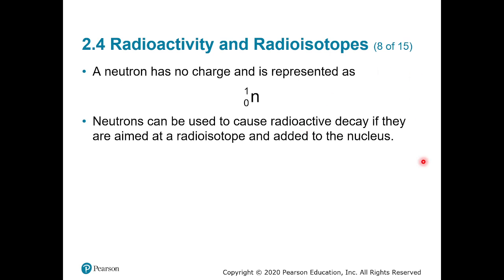Okay. So a neutron, this has no charge. It's represented as N for a neutron, and then you put mass 1 and then charge 0. Neutrons are used to cause radioactive decay. Typically, we use them to create nuclear transformations. They are a commonly released byproduct on a number of different decays.